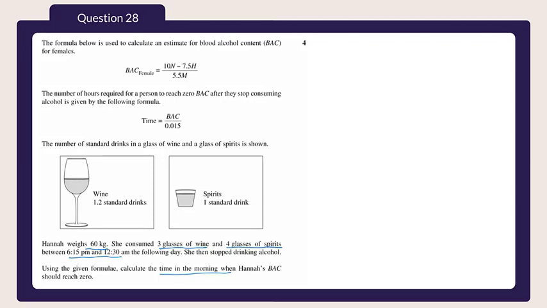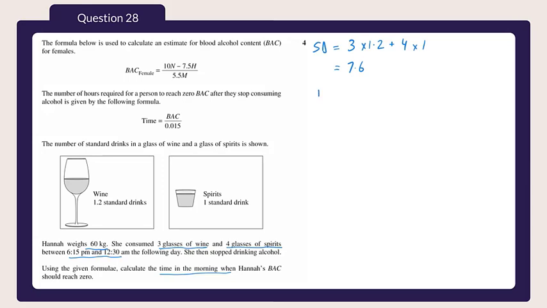The way I'm going to calculate that, she's had 3 glasses of wine, and in each glass is 1.2 standard drinks. And then she's had 4 spirits, and in each glass there's 1 standard drink. So that's going to work out to be 7.6 standard drinks.